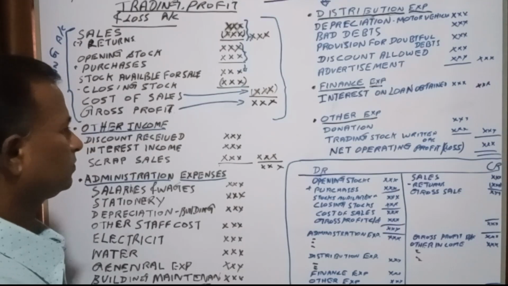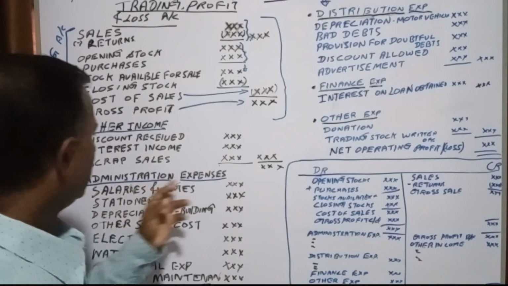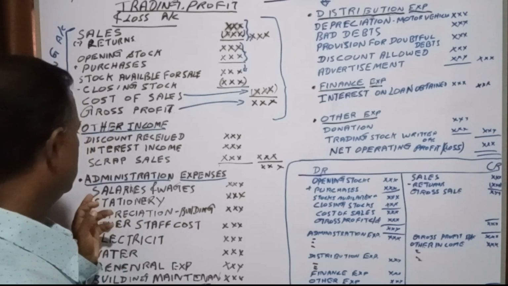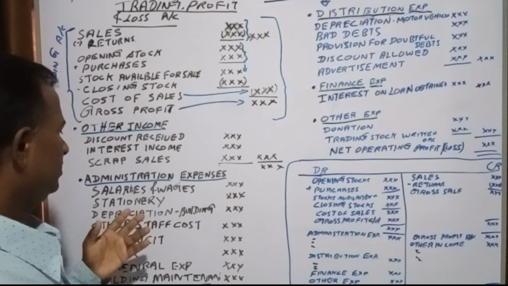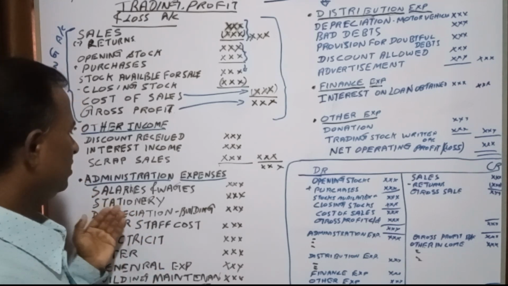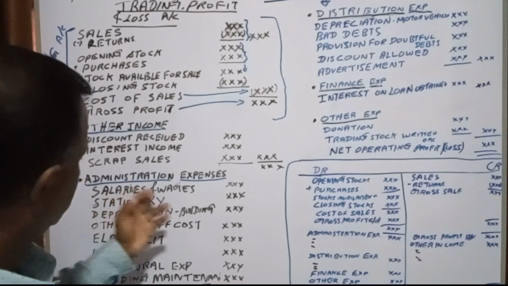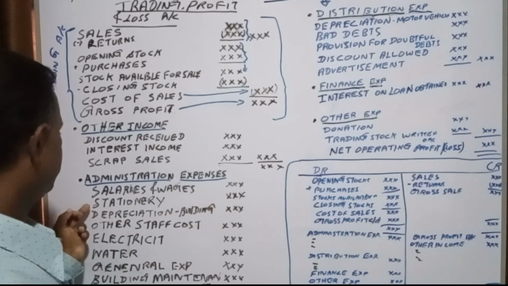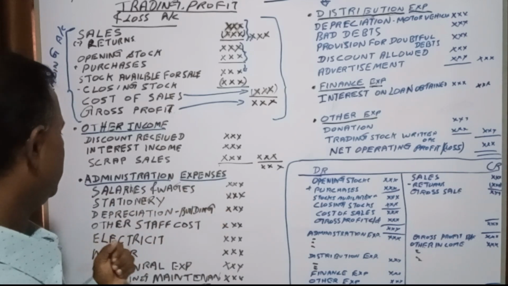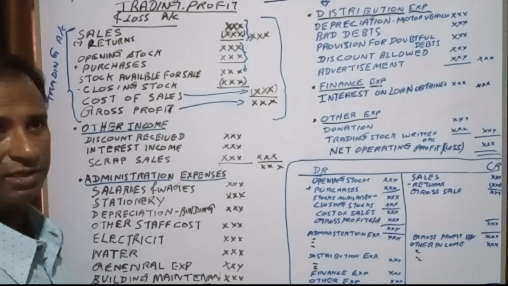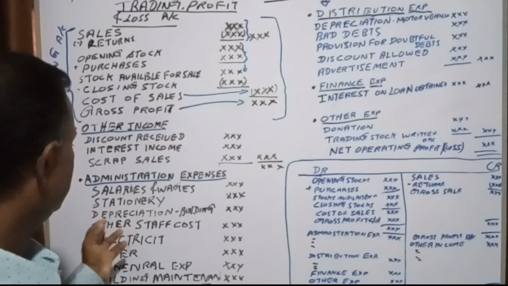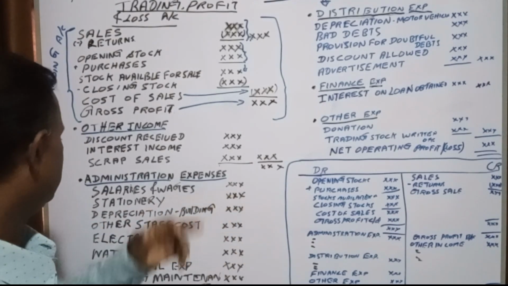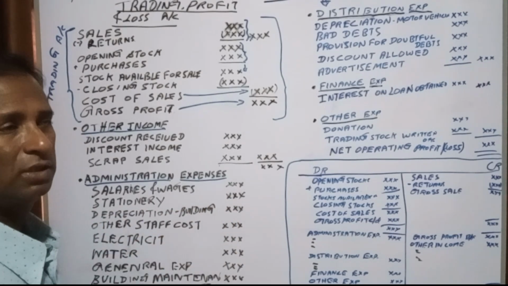Okay, here administration expenses are salaries and wages for the staff, stationery expenses, and depreciation made for the building.